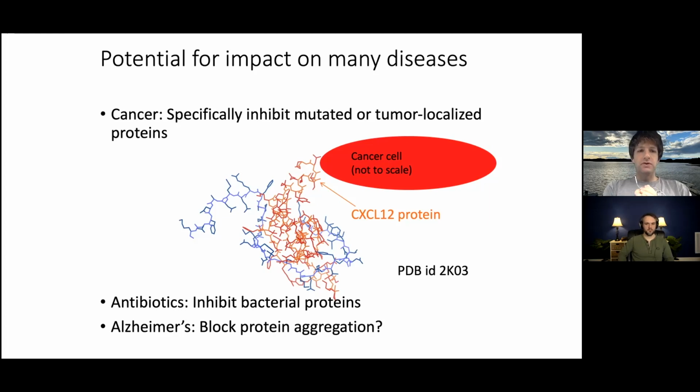In cancer, where this approach is perhaps used most of all, the goal would be specifically inhibiting proteins that either are mutated to cause or contribute to the cancer, or maybe they're just localized to the tumor or upregulated in it, somehow involved in the process.